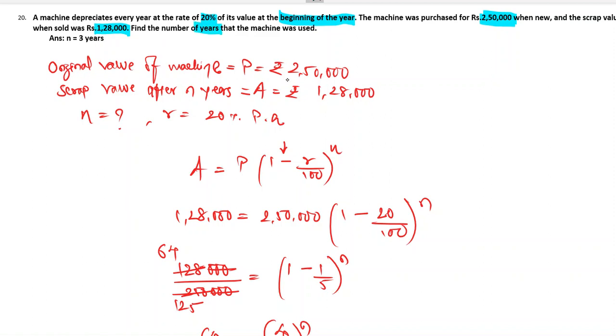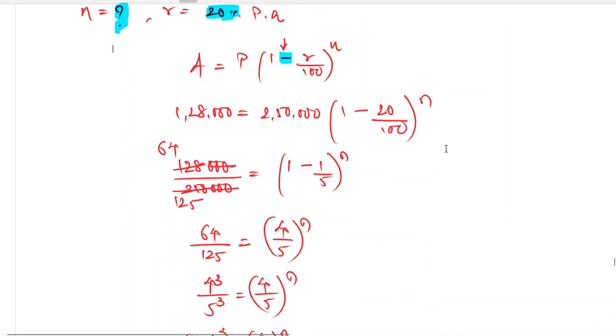So the original value of the machine is 2,50,000 and the scrap value after n years, which is the amount, is 1,28,000. So principal is the present value, scrap value is the amount. But notice that there is a minus sign because this is a question of depreciation. The rate is 20% and we have to find the time, after how many years its scrap value will become 1,28,000.